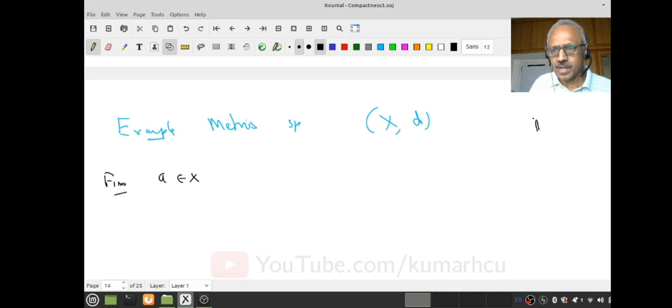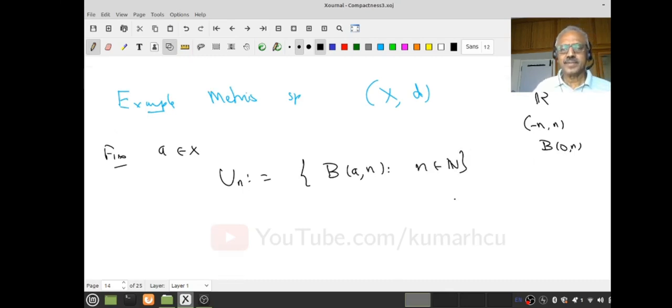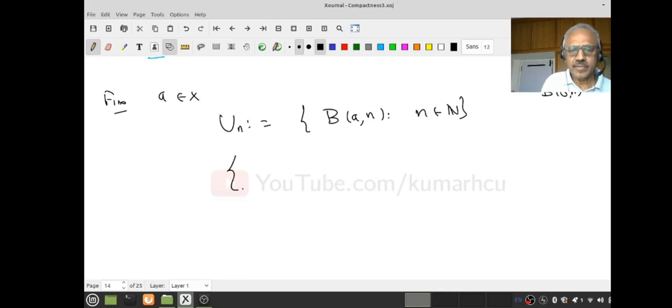Remember, on R, how did you think of an open cover? (-n, n). What is this? This is nothing other than B(0, n). Do you follow that? Now that is the hint. Now can you think of an open cover using this? Yes, you define U_n to be the open ball of radius n centered at A. Now this U_n is an open cover.